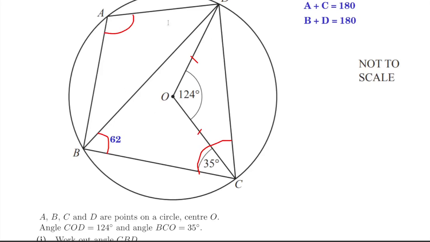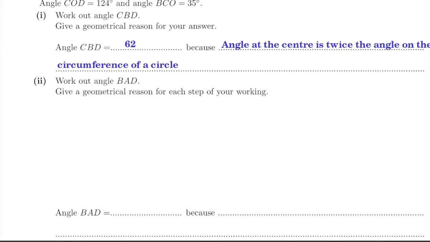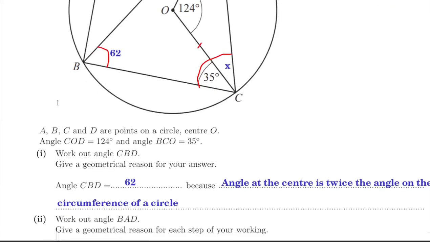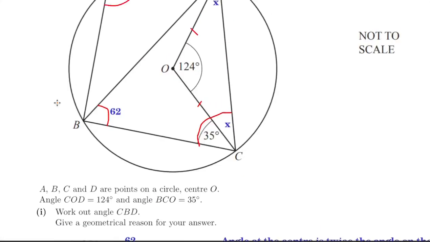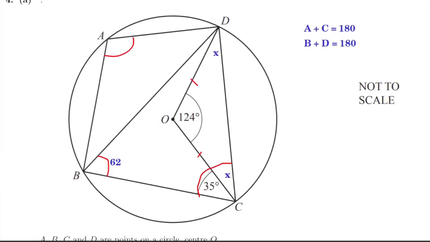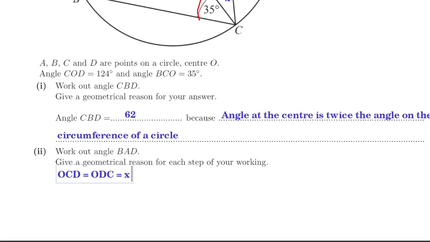Let's call them X. Now let's work out angle OCD. OCD is equal to ODC, equal to X. What's the reason for this one? These are base angles of an isosceles triangle.